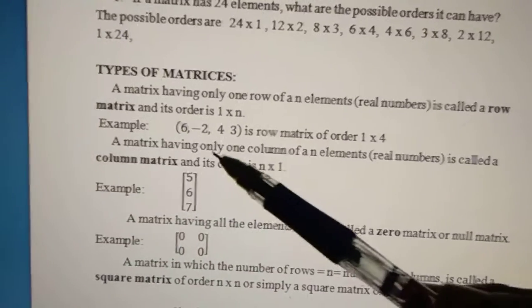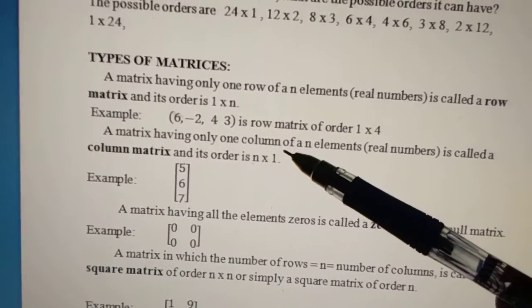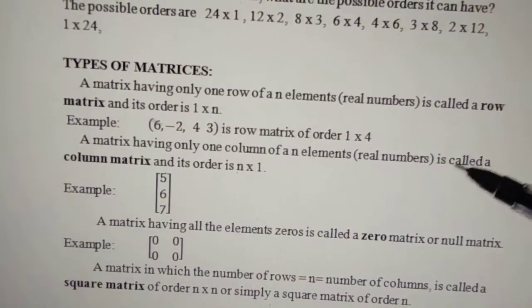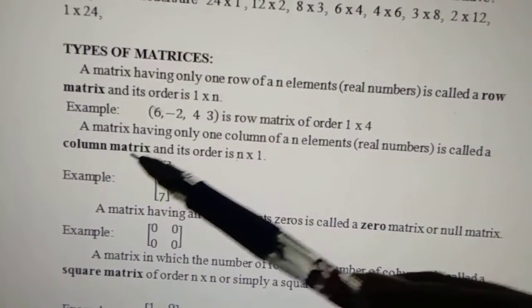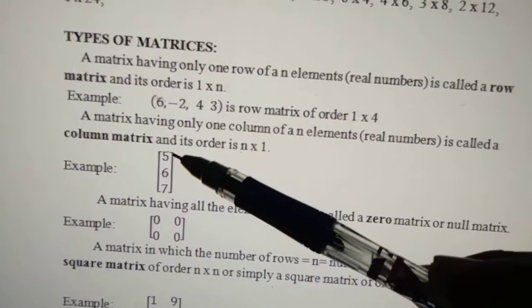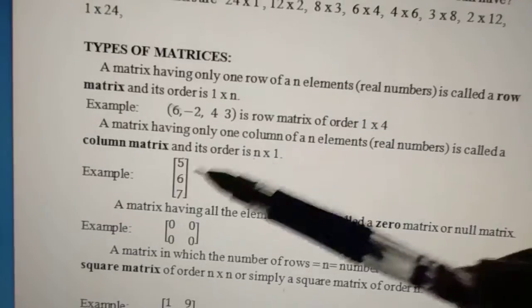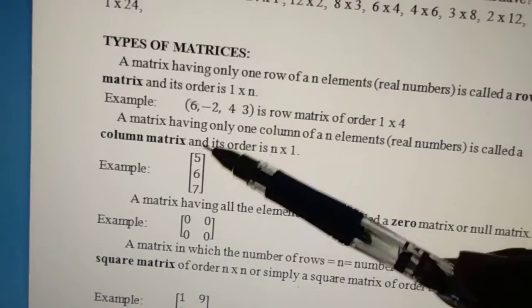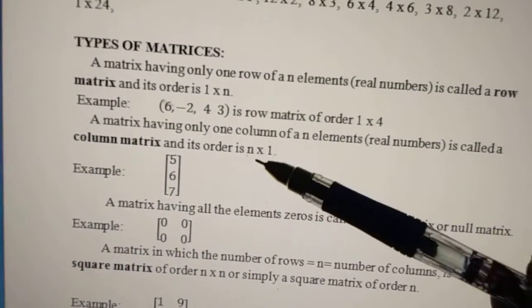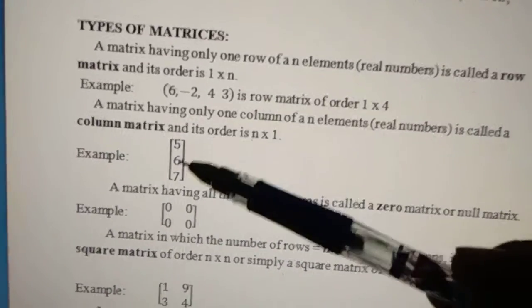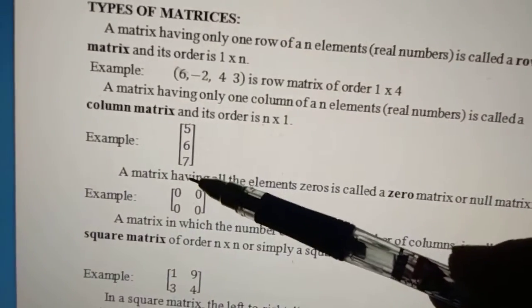A matrix having only one column of n elements, the real numbers, is termed as a column matrix. You just see this one is the column matrix. This is the row and this one is the column matrix. So n into 1. So this is what we termed as 5, 6, 7, like this.